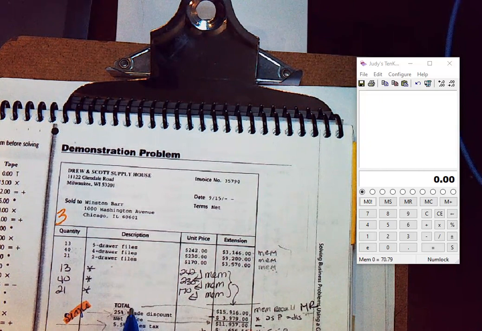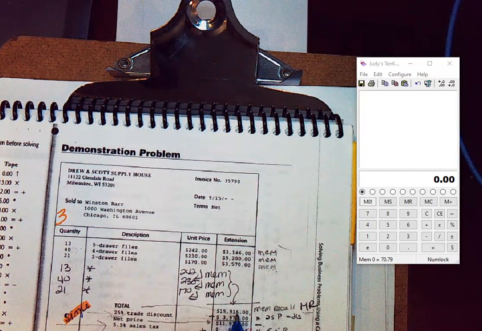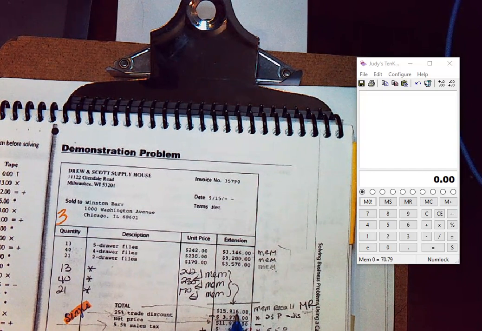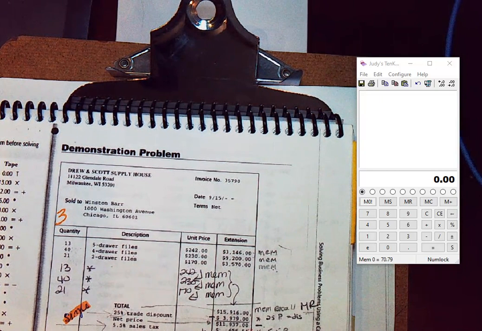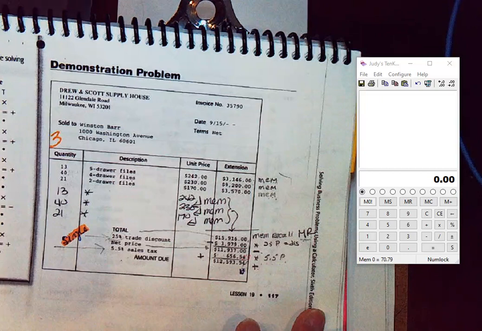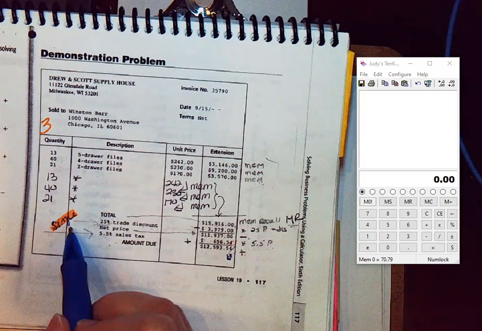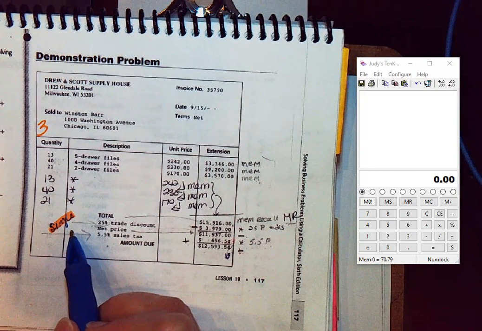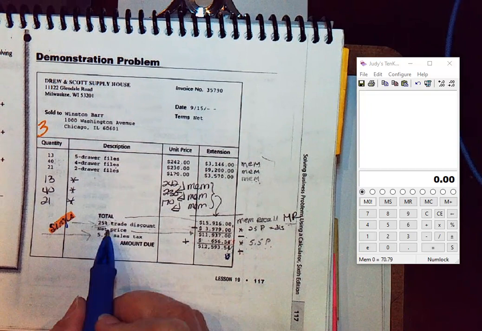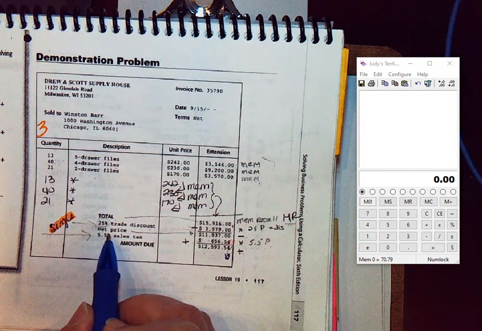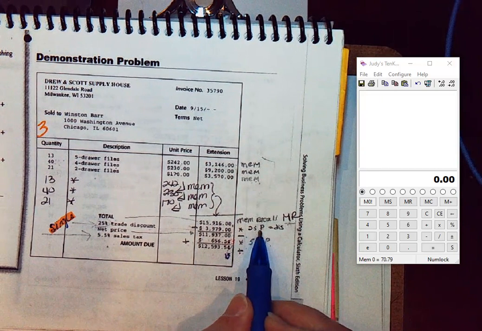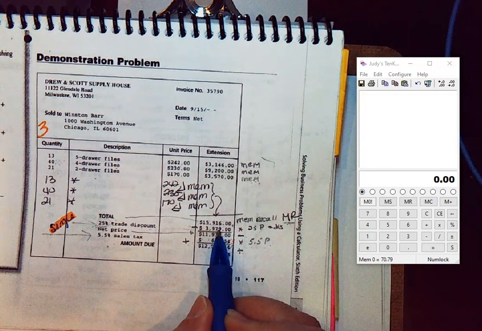And then that's going to give you your total that's in memory. So we need to bring that number up into the tape. So we would do a memory recall in Judy's 10 key. And then we have a single discount. When we have a single discount, we can use the P, or we can change the percent to a decimal. So if I did 25p, that will give me the discount.